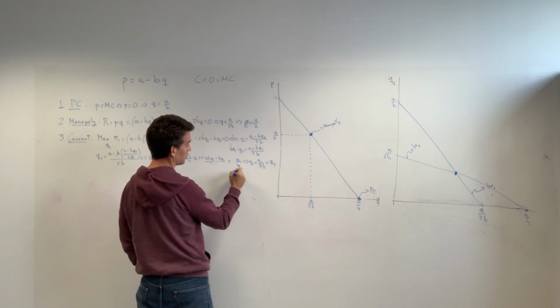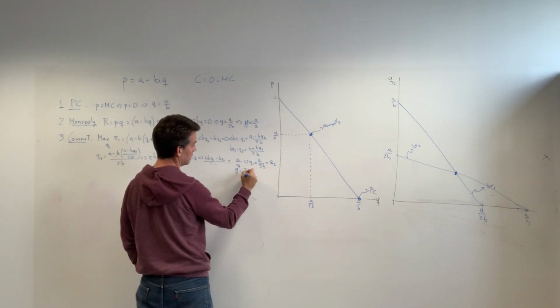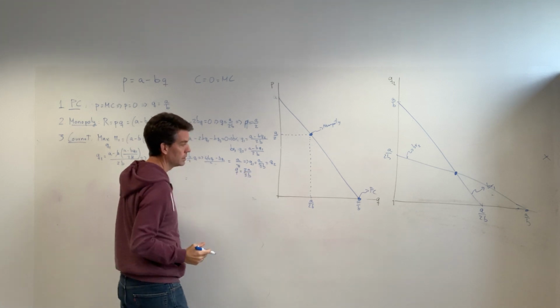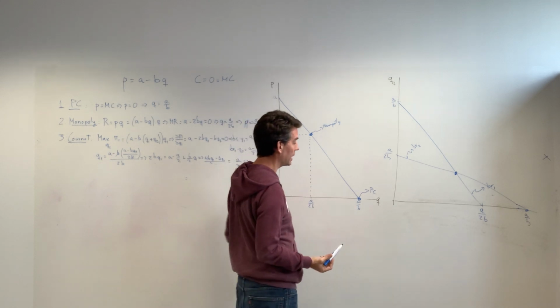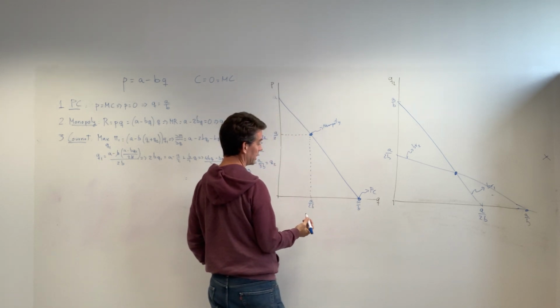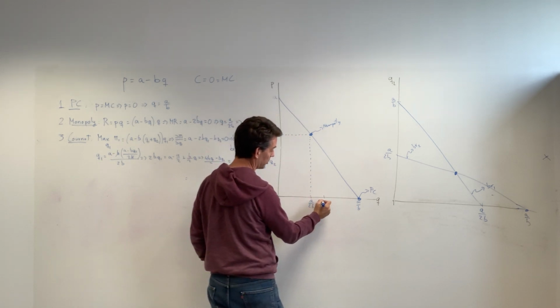So in total, the total quantity is going to be 2A divided by 3B, which is something that is bigger than A divided by 2B, but smaller than A divided by B. So 2A divided by 3B may be something around here.